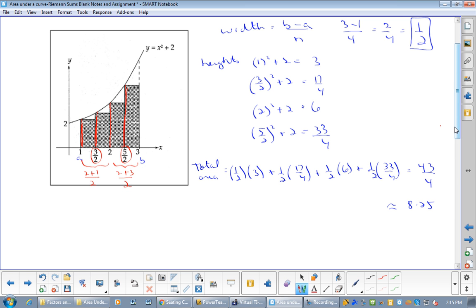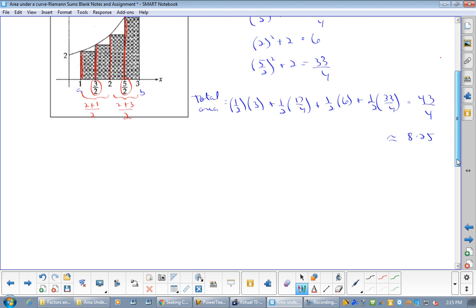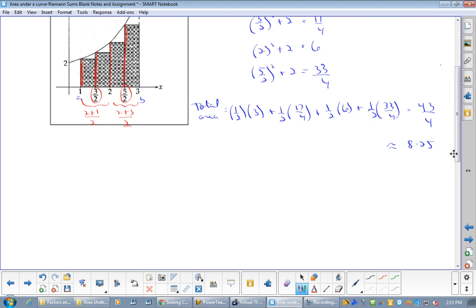Okay, so let's come up with a general formula now. So therefore, the formula for area using left end points, this is only for when you're using the left end points.